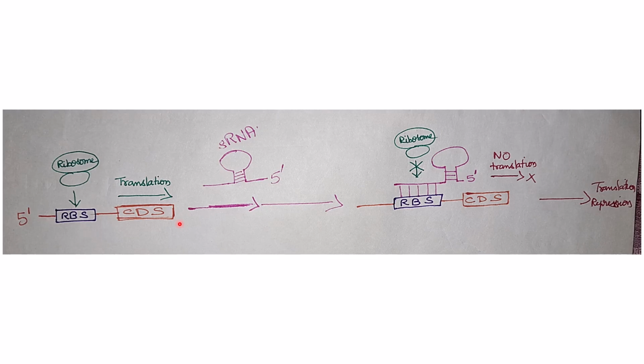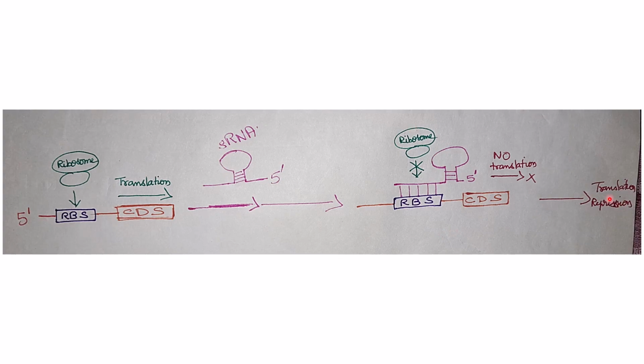So it is mainly by the sRNA. Now sRNAs are transcribed independently, and they will regulate gene expression by binding to the 5' UTR of the target mRNA. Thereby the ribosome binding site is sequestered, and it will result in non-availability of the ribosome binding site for the ribosome to bind and initiate translation.